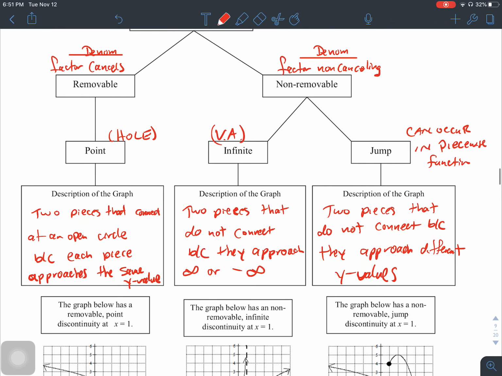Once again, the word approach, that's a limit. As you approach the x value from the left, the limit is a number. As you approach from the right, the limit is a different number. This middle one here, the vertical asymptote, as you approach x from the left or right, the limit is approaching infinity or negative infinity.